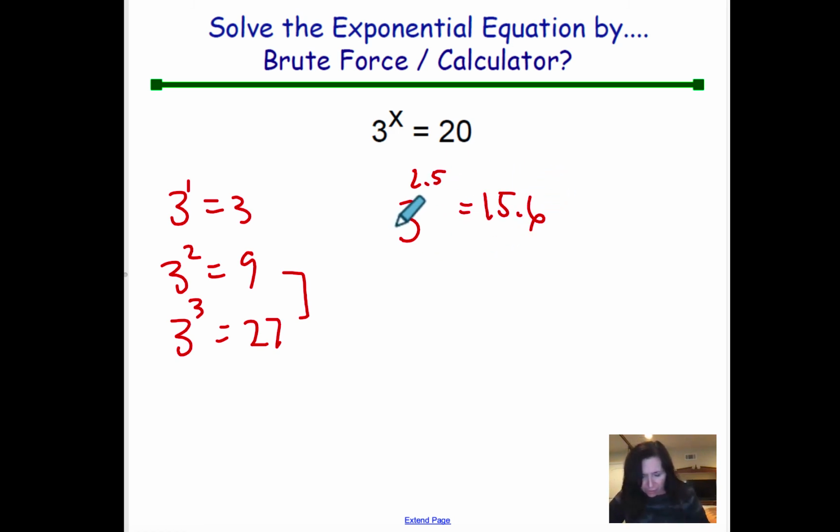Okay, so now let's try 3 to the 2.8. 3 to the 2.8 is equal to 21.7. So let's try 3 to the 2.6.